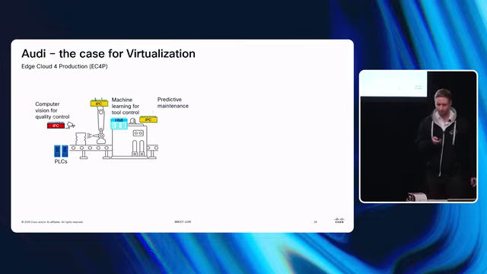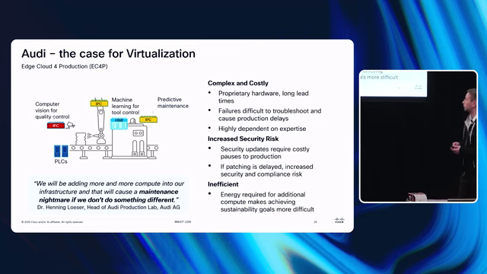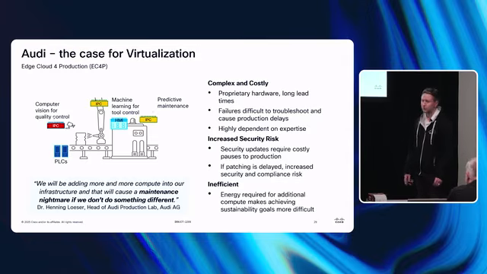So this is basically the challenge that we're trying to solve. And my colleague Henning was here in Vegas 2 years ago. He said that it would be a maintenance nightmare if we are not changing anything, right? So we looked at this. There are many other issues involved. Maybe the complexity and cost are obvious now after this introduction. Also the security risk in terms of patching.